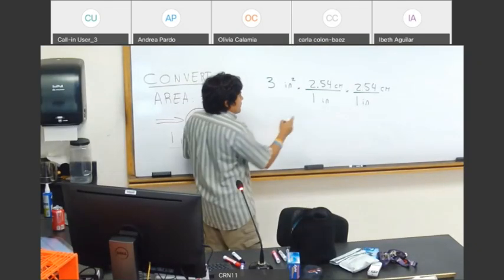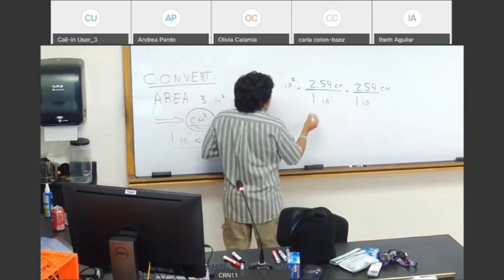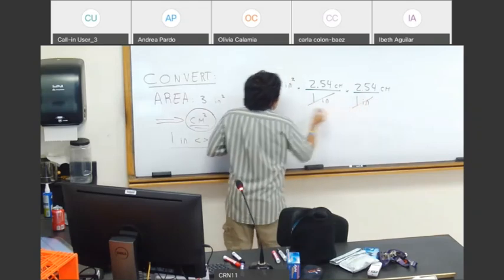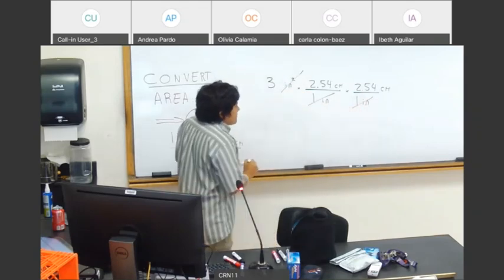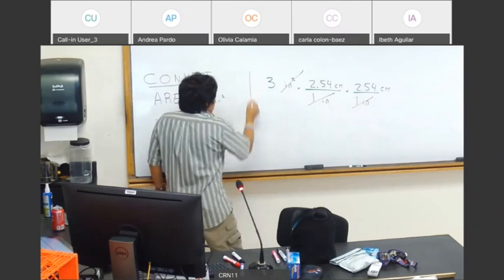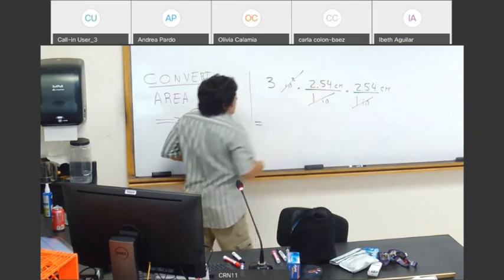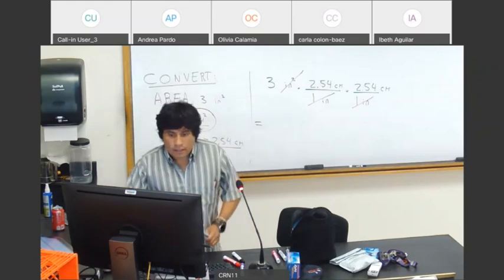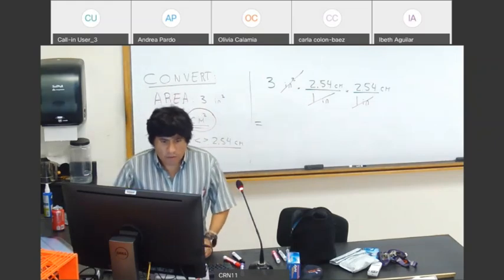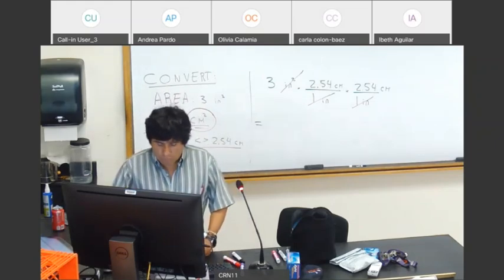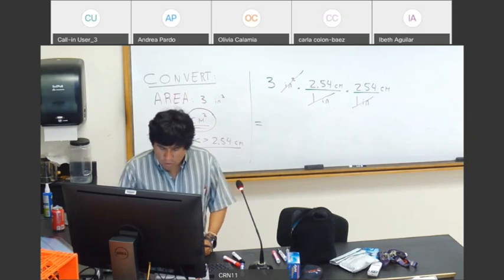Inches times inches is inches square, so it cancels. Then the area will be the multiplication of all that. And then for that, you can use a calculator. 2.54 times 2.54 times 3.